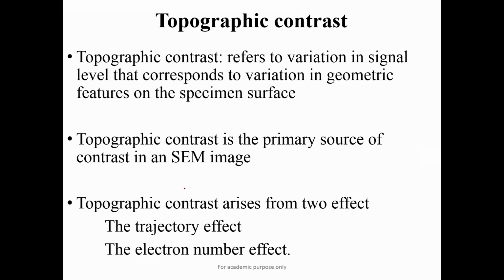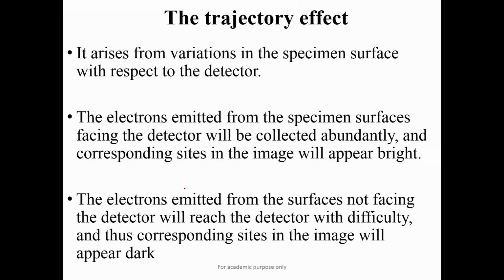There are different mechanisms for contrast formation. The first one is the trajectory effect and the second one is the electron mode. For the trajectory effect, suppose your sample has this kind of variation, and let's assume a detector is somewhere here.